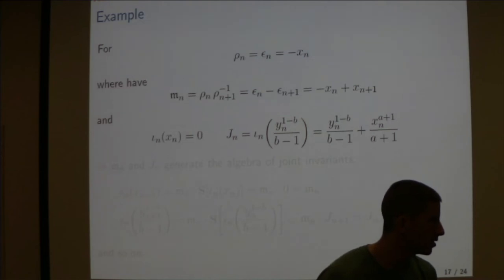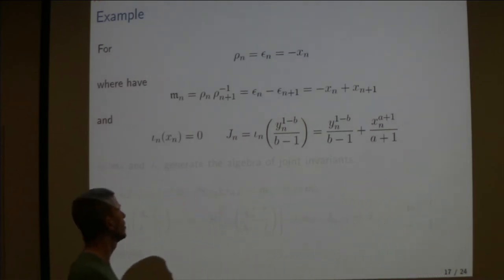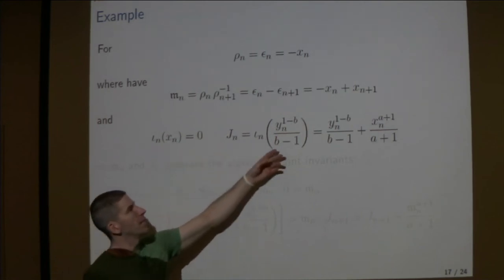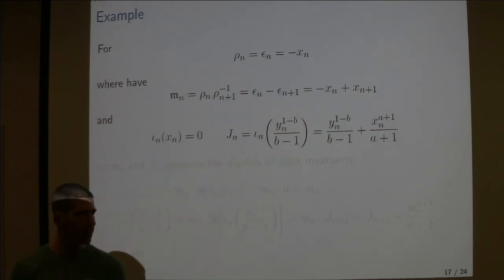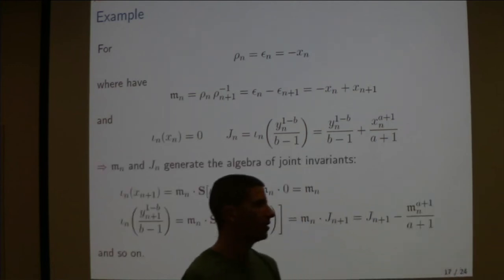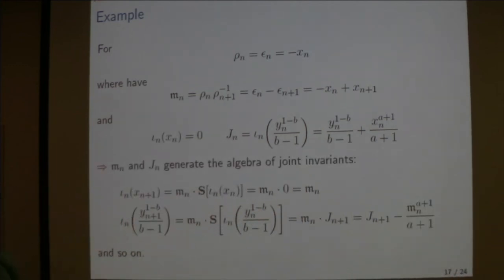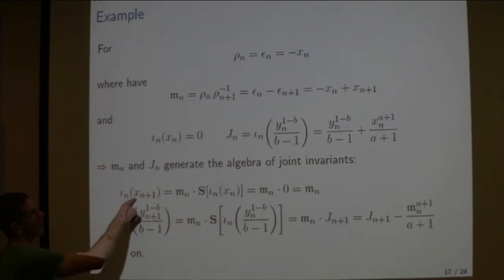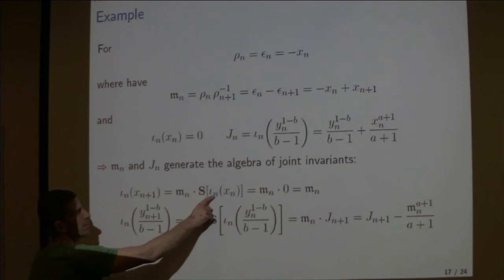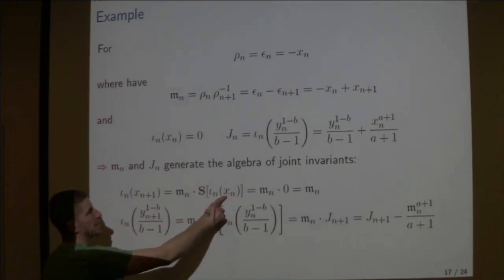And here I'm just recalling. We can start invariantizing, say, xn and yn plus 1. The answer is these quantities, which we've already done. Then we can look at the recurrence relations, for example. If we invariantize xn plus 1, the recurrence relation says that this is equal to shifting the invariantization of xn.